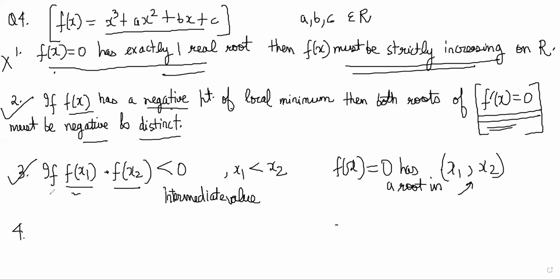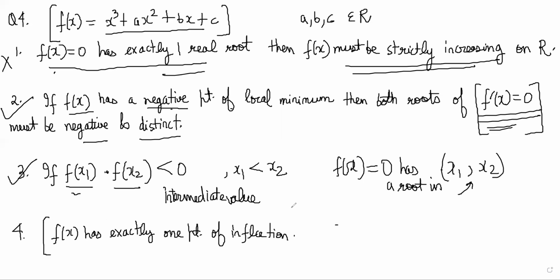And the last option is f(x) has exactly 1 point of inflection. Exactly 1 point of inflection. The point of inflection was what? Where the graph turns, right? Where a local minima or maxima is achieved.